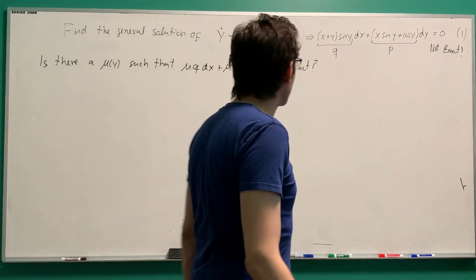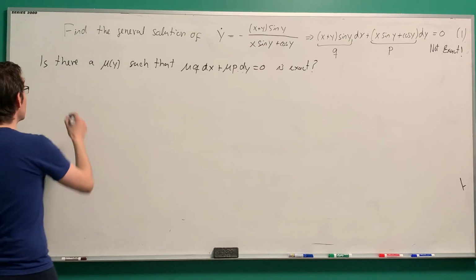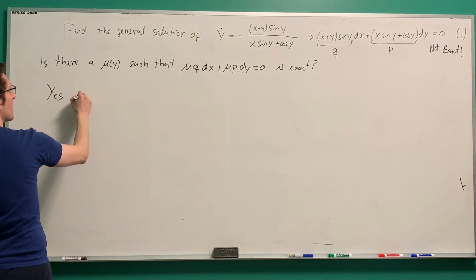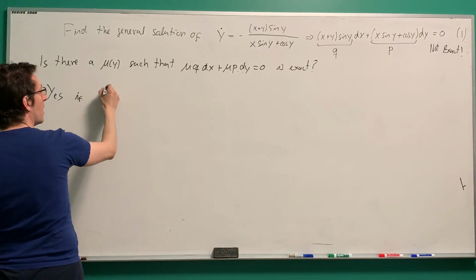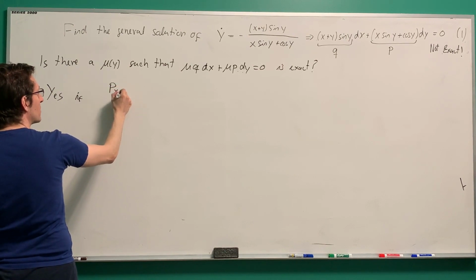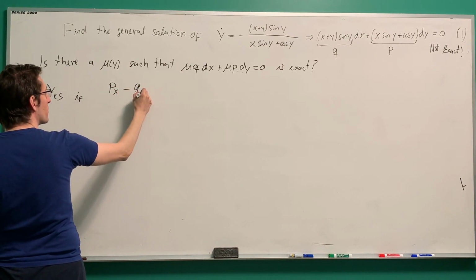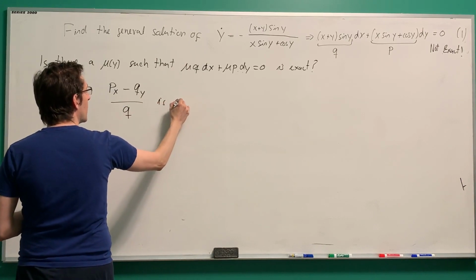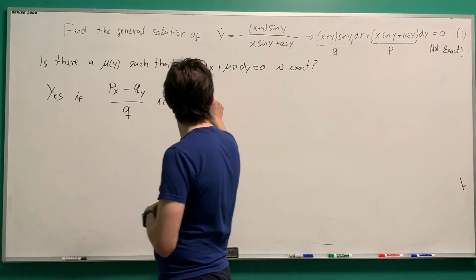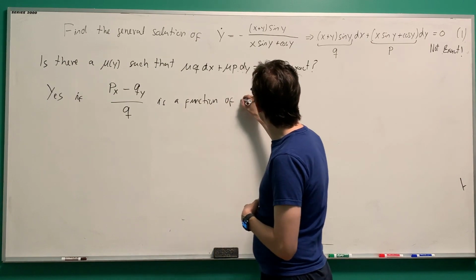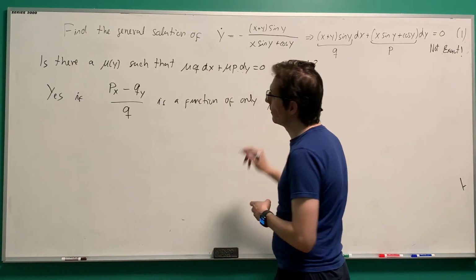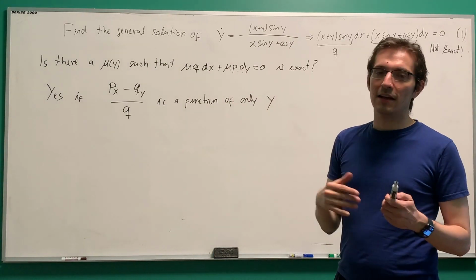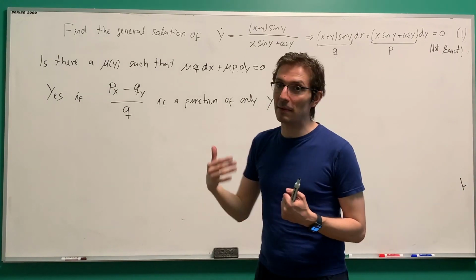All right, and then you know the answer. The answer is yes, if (p with respect to x minus q with respect to y) divided by q is a function of only y.